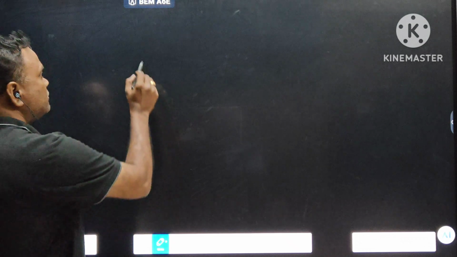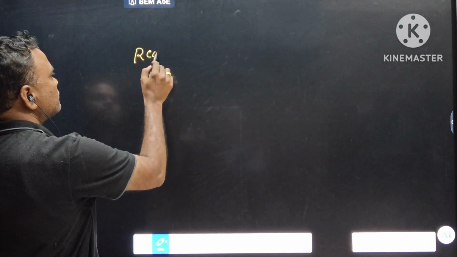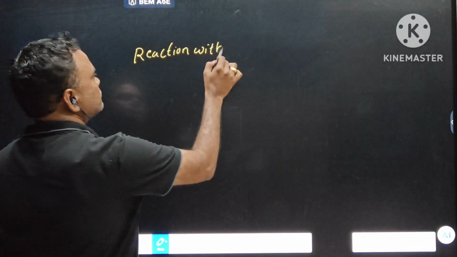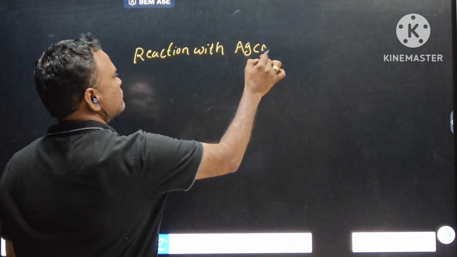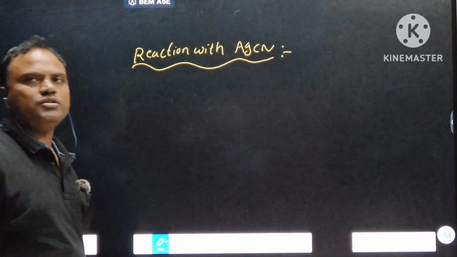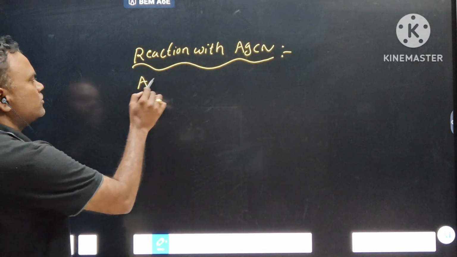Reaction with AgCN. AgCN is a covalent compound.